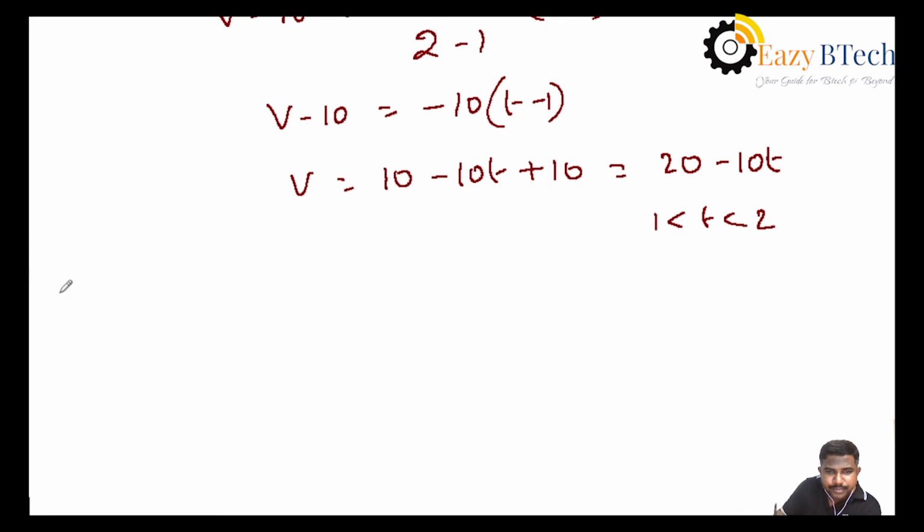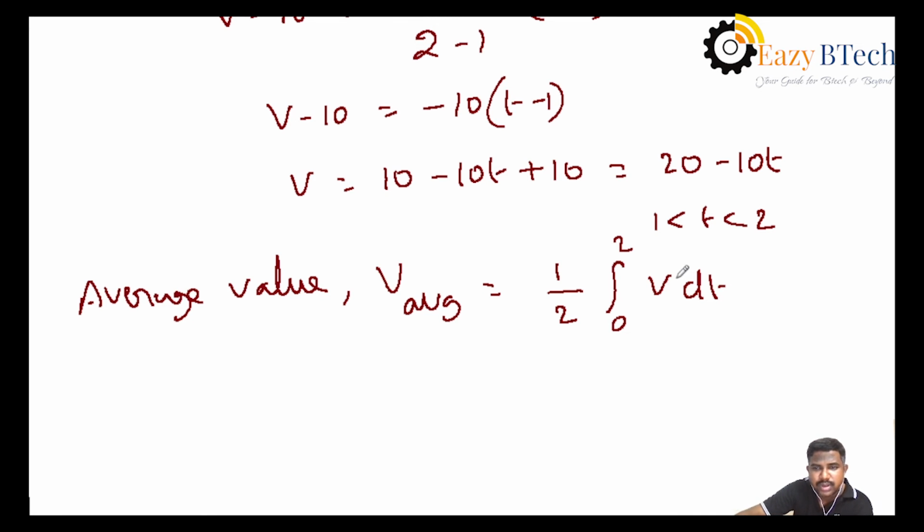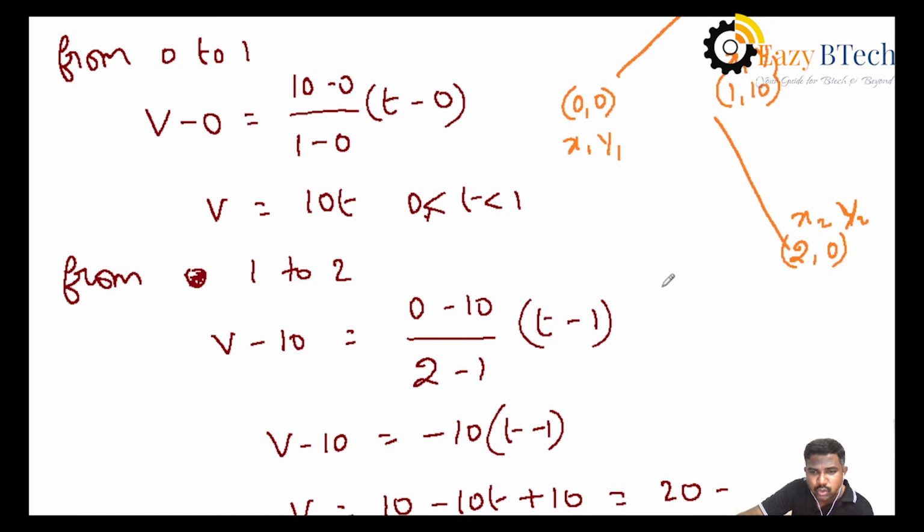Therefore, average value, that is V average, equal to what? The time period is 2. So 1 by 2 integral 0 to 2 function V into dt. Okay, here the time period is 2.